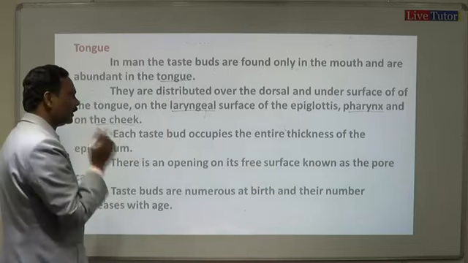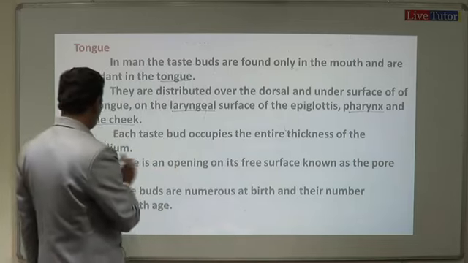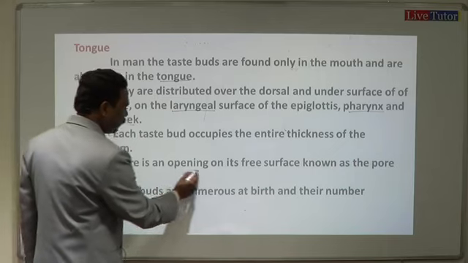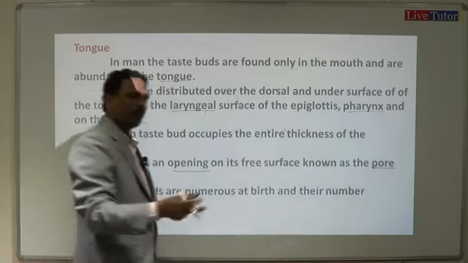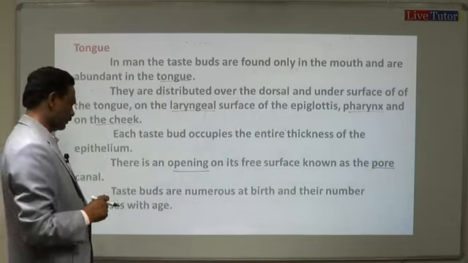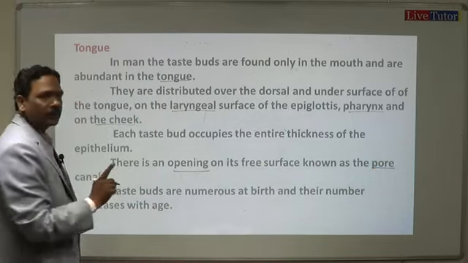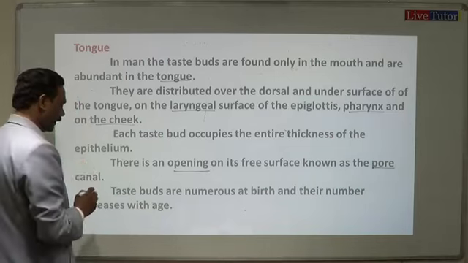The cheek region. Each taste bud occupies the entire thickness of the epithelium. There is an opening on the free surface known as the pore canal. Pore canal, I mean the gustatory pore, the gustatory canal. Pore canal is nothing but what? The gustatory canal in the diagram.